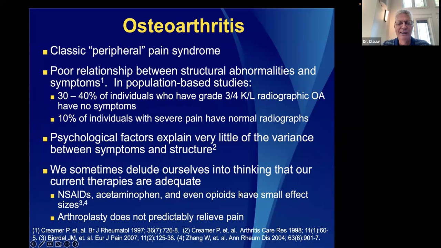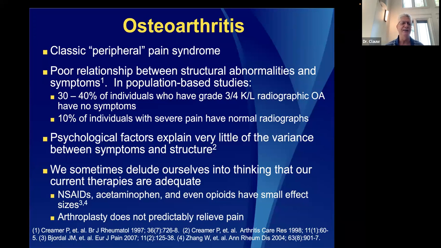I'm not going to talk a lot about opioids, but if you look at the latest meta-analyses or Cochrane reviews, they basically come right out and say opioids should never be used to treat osteoarthritis because they simply don't work. And I'll show you some slides in a few minutes of studies that we've done where we've used arthroplasty or joint replacement surgery as a model.